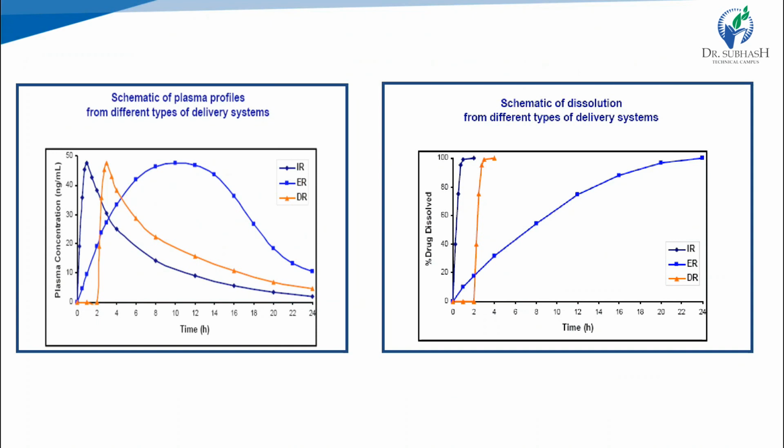Then the second, the orange line, represents the delayed release. From 0 to 2 hours there is no drug concentration found in the plasma. After 2 hours the drug is released from the dosage form. And the blue line is for the extended release. There is a similar diagram for percentage drug dissolved or percentage drug release versus time, with similar points for the immediate, extended and delayed release.